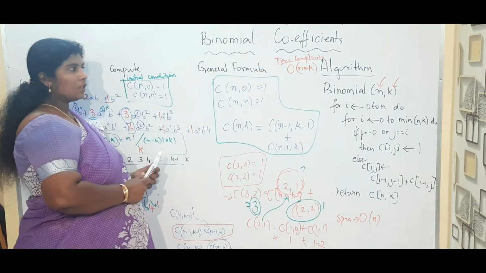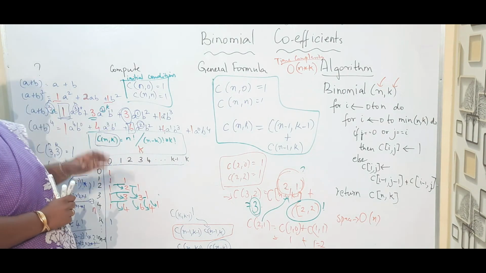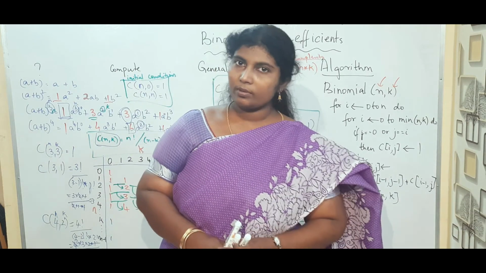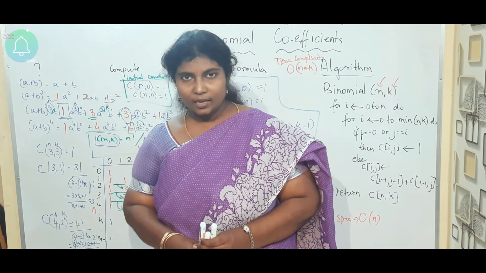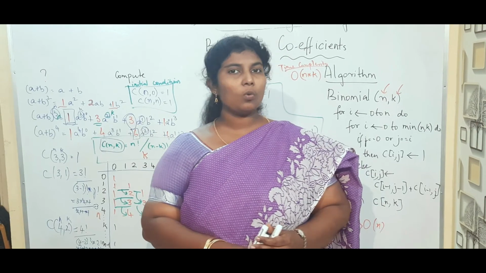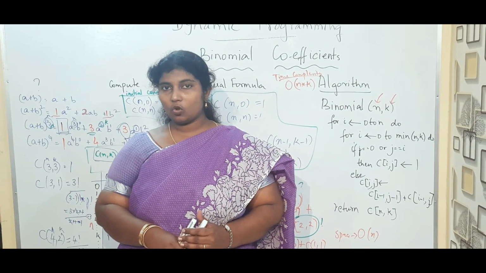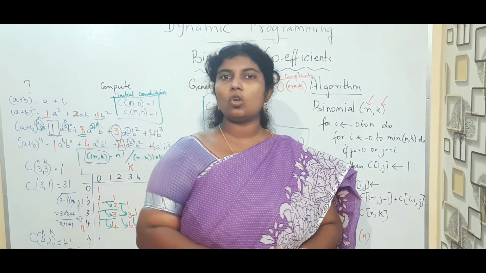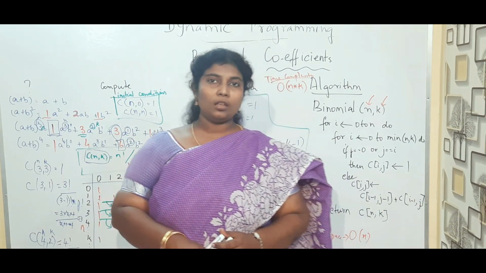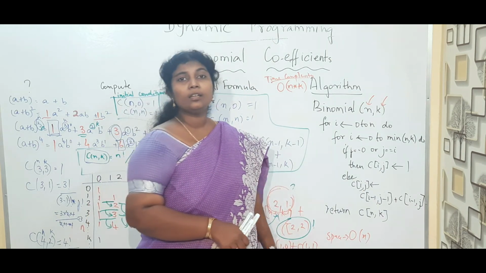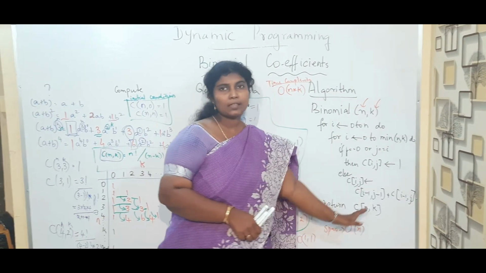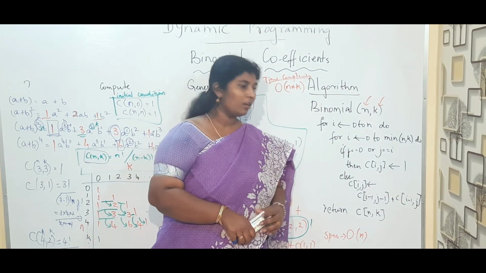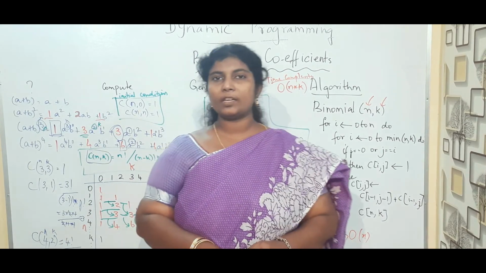So this is the complexity factor, and hope you have done an analysis over it: how this problem is solved, what input is taken, how we can compute this binomial coefficient, how we use the dynamic programming concept in it, how this formula is substituted, and what the time complexity and space complexity are.